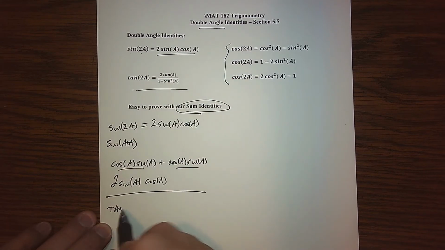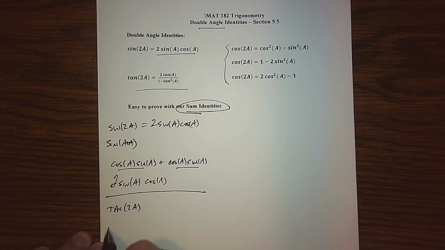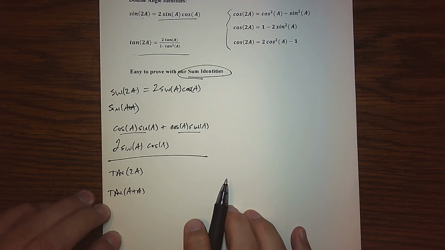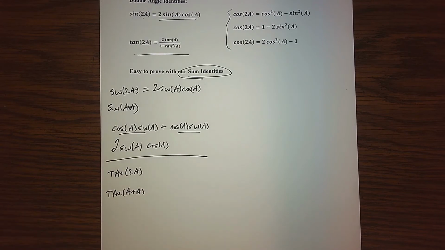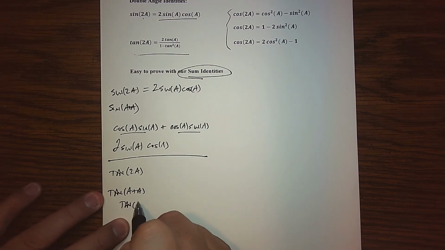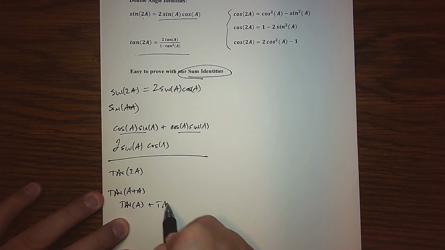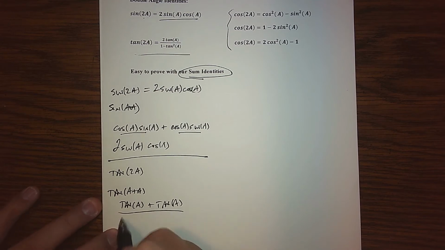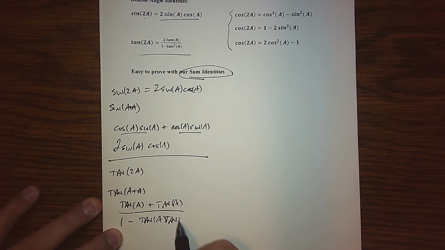Okay. The tangent is also very easy to prove. If we look at the tangent of 2a, well, we can rewrite that as the tangent of a plus a. And of course, once we have it written in that way, we can invoke our trig identity for the tangent of a sum. This is tangent of a plus the tangent of a, all over 1 minus the tangent of a times the tangent of a.